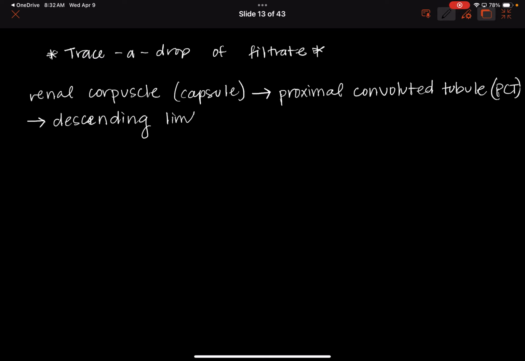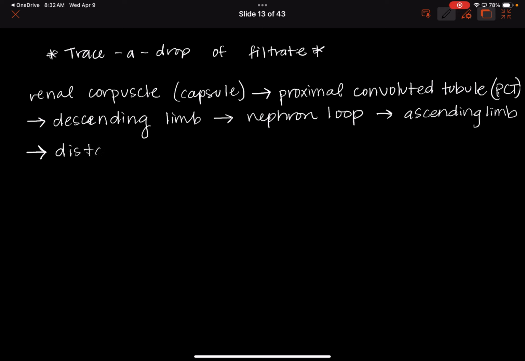Descending limb to the nephron loop, up the ascending limb, to the distal convoluted tubule, or DCT, to the, and now that's the end of the nephron itself, okay?